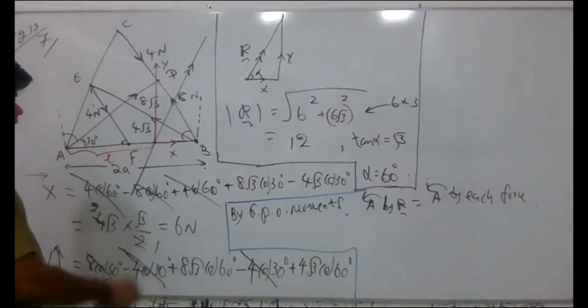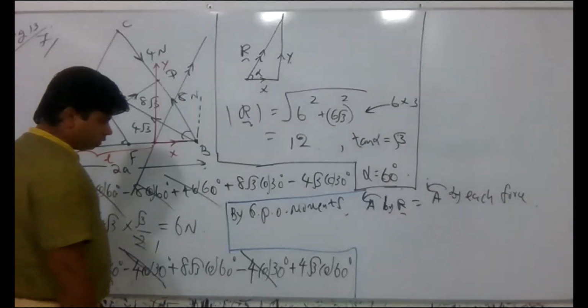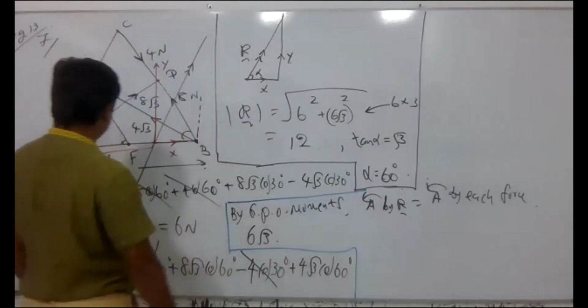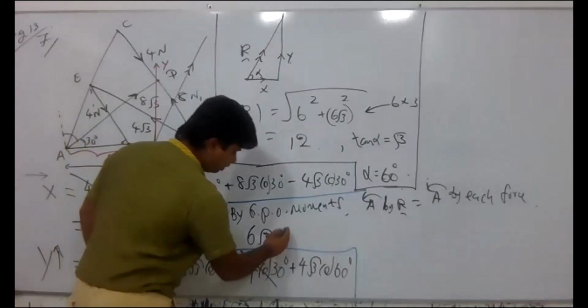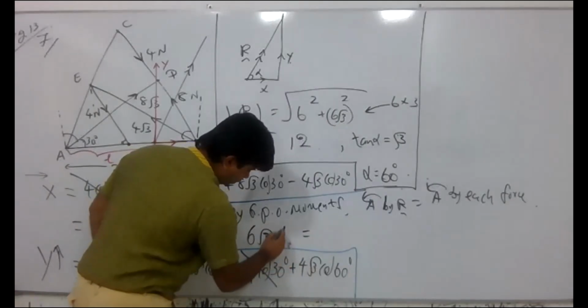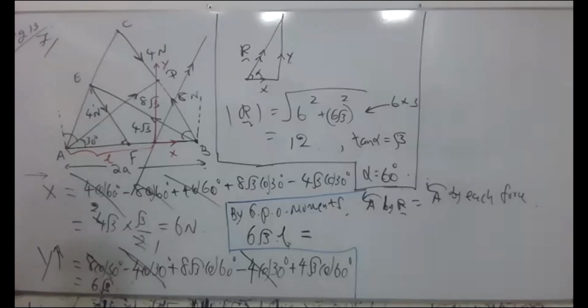Then moment about A by R means the y component is actually 6 root 3, then 6 root 3 into L. I got this length as simply L. So 6 root 3 into L equals moment by each force.